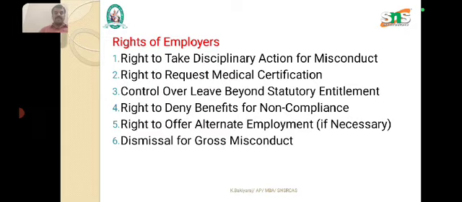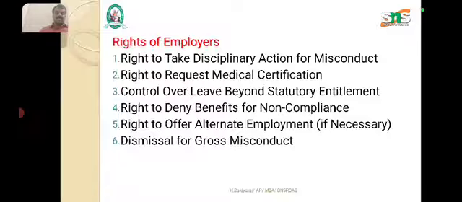Right number 4 is the right to deny the benefit in case of non-compliance. Right number 5 is the right to offer alternate employment if necessary. If a worker is found guilty of misconduct or misbehavior in the organization, the employer has the right to alter the employment in such cases.